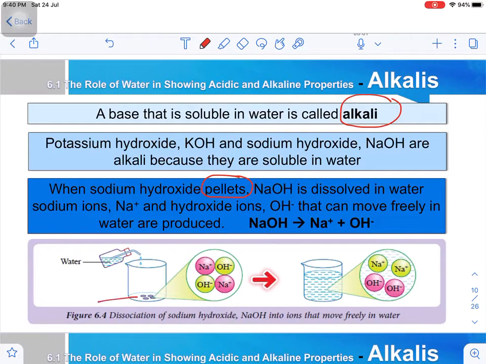This one is a pellet. When it is dissolved in water, the sodium ion and hydroxide ion in sodium hydroxide can move freely in water. So in solid, the sodium ion and hydroxide ion are in fixed positions. But in water, the ions will move freely because it dissolves, or is soluble, in water.